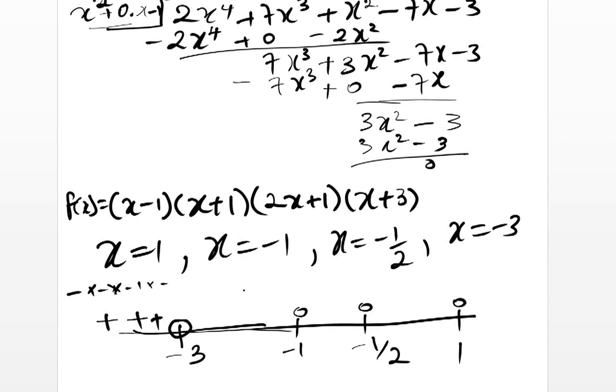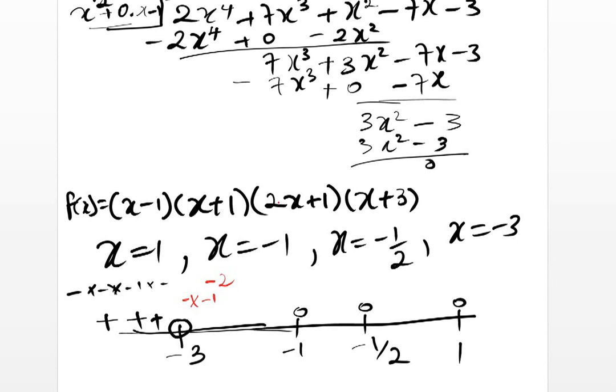Let's verify the signs together. If you take -2 and substitute, -2 minus 1 is negative, times -2 minus 1, negative.